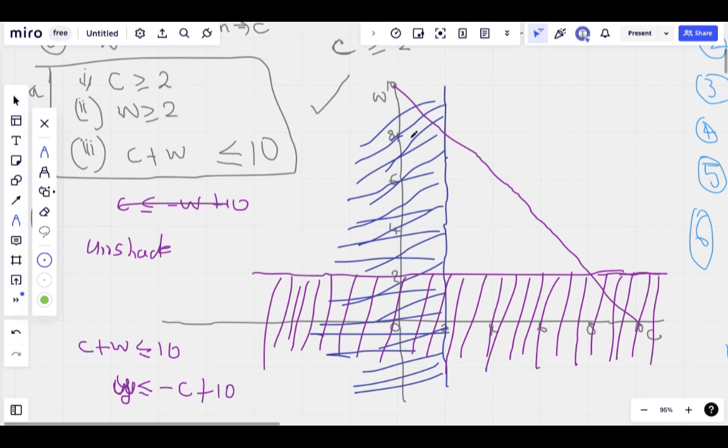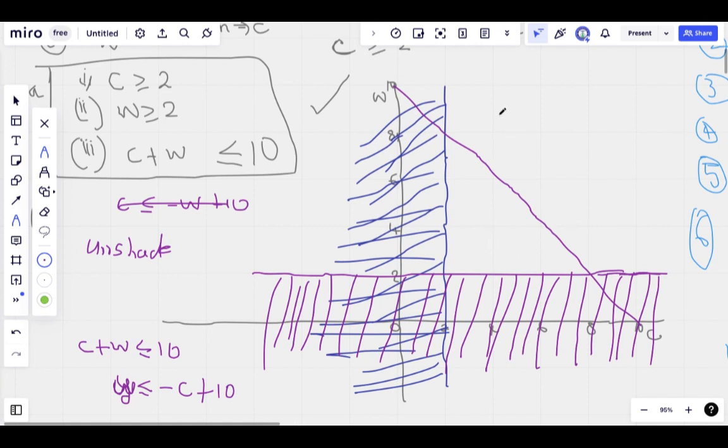Okay, we see. Every line we draw, we must shade the unwanted region and leave the wanted region. The wanted region, we leave it. We shade the unwanted region, because they say leave unshaded the wanted region.